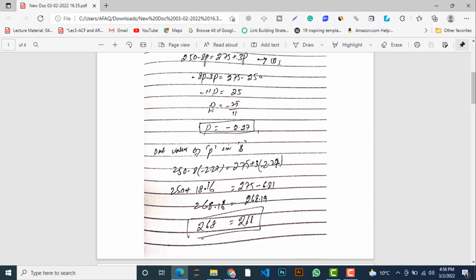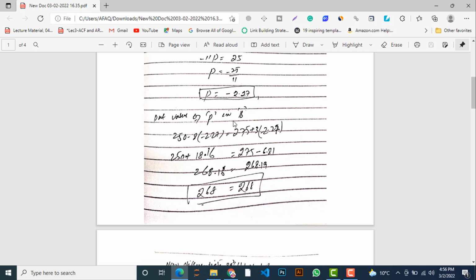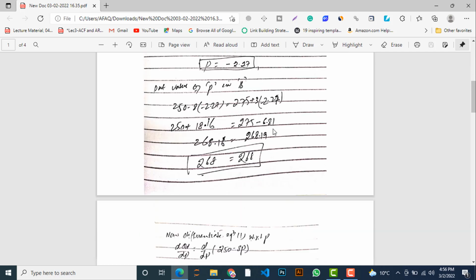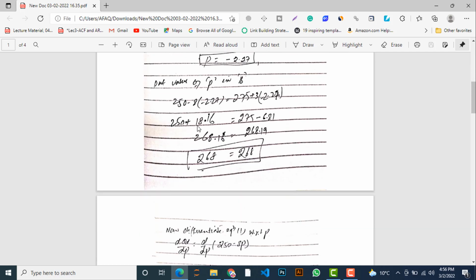So in order to verify whether our P is correct or not, we are going to verify it by putting the value of P in equation B. So 250 minus 8 into minus 2.27 is equal to 275 plus 3 into minus 2.27. 250 plus 18.16 is equal to 275 minus 6.81.